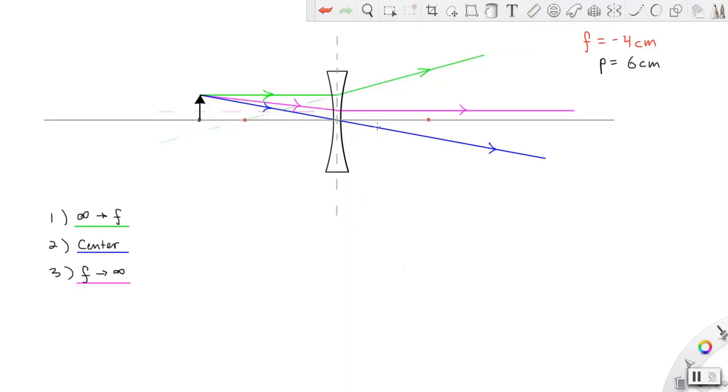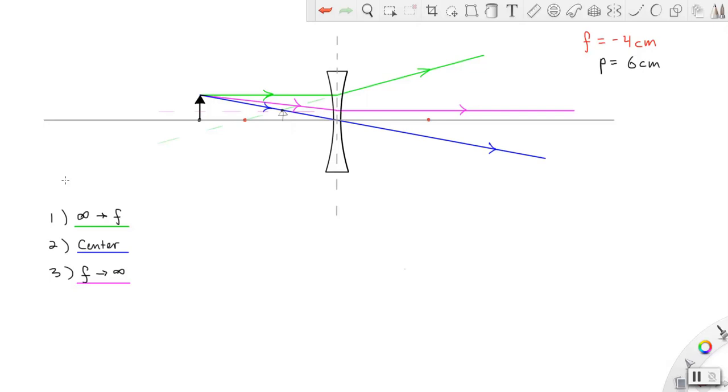And then the blue ray actually does trace back by itself, so we don't have to worry about that. So they meet right about there. So we would expect our image to be located here. If you run through your calculations with a negative focal point, you'll find that that is roughly the place where that would be. Okay, so this is 3 examples to show you how to use the 3 principal rays.